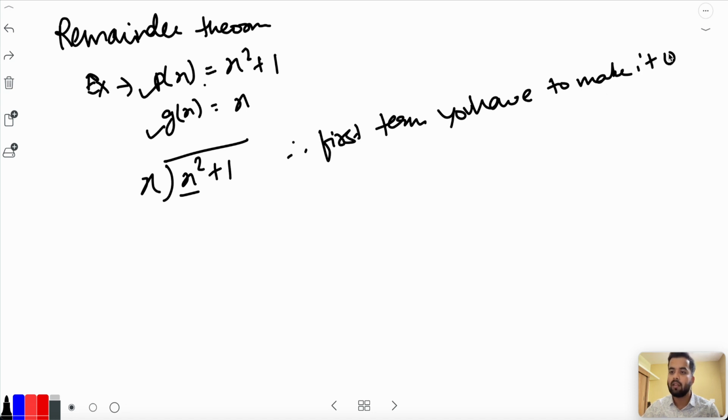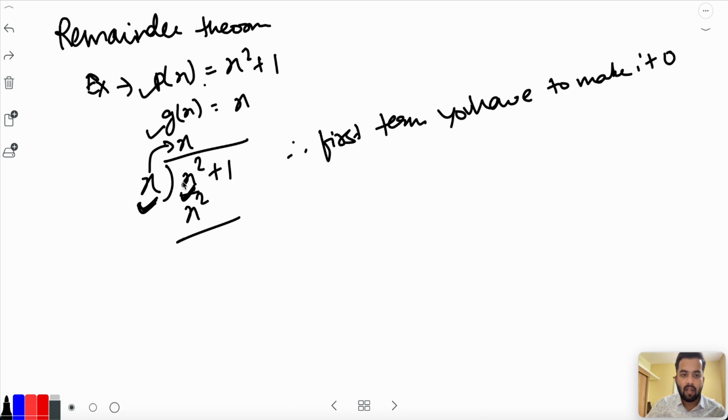It is compulsory. Make it 0. See, x square is there, right? Here is x. What will we multiply with this x to get x square? If you think, what is that? x only. See, x into x, what is that? x square, right? Sure? Good.